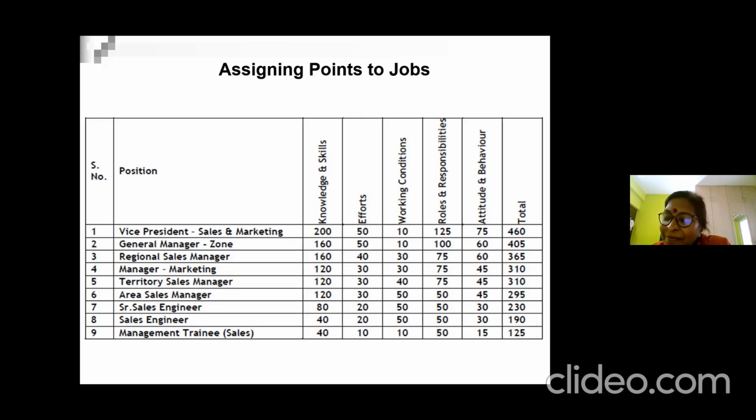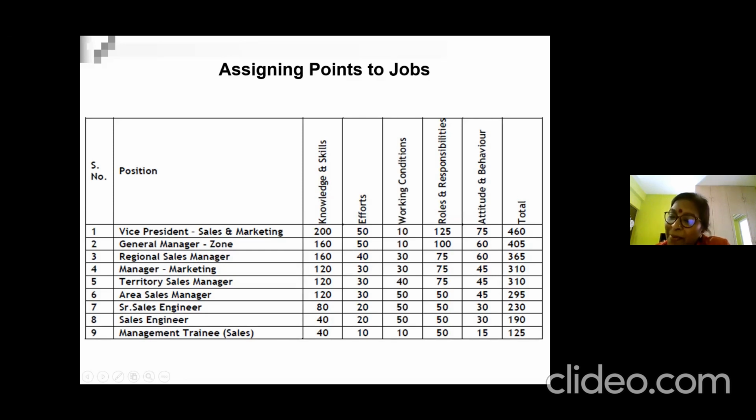So therefore, when I put a number to a particular job, these are the total points, a quantified number, the entire process becomes very objective, because it's very easy to say that the job with the higher number of points is the higher value and the job with the lower number of points will be the lower value.